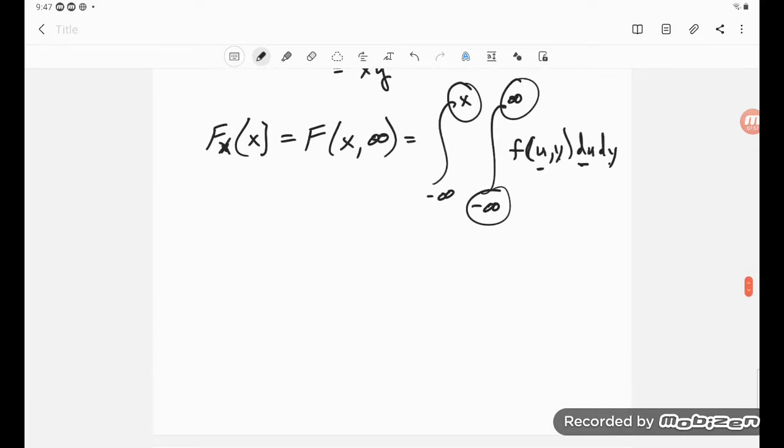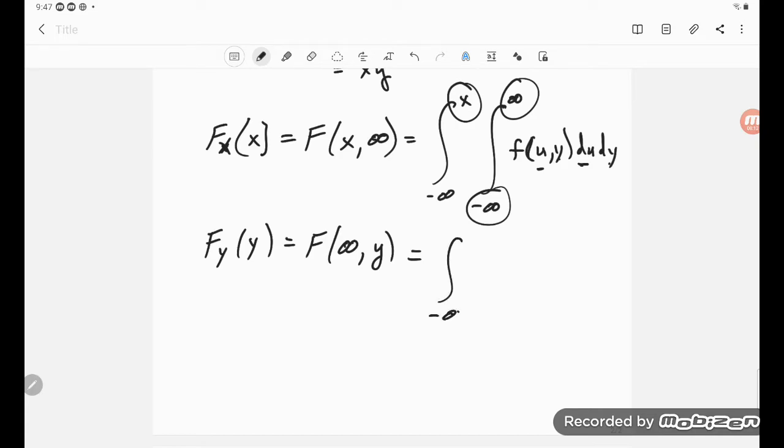Okay, so that's the idea of a marginal density function. If I wanted F_Y of y, that would be F of infinity, y like that.